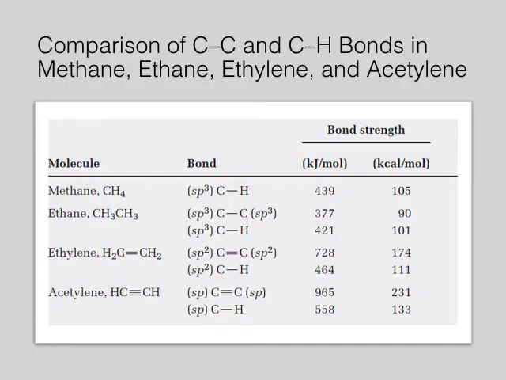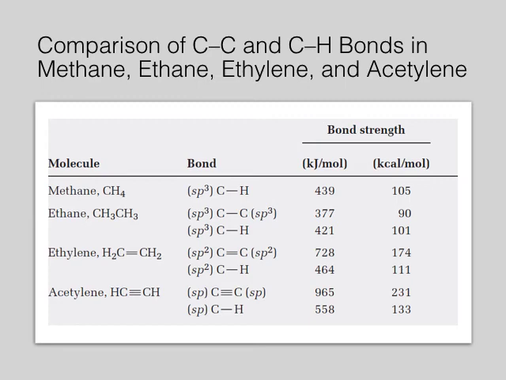Now let's compare the C-C bonds and the CH bonds in methane, ethane, ethylene, and acetylene. This table shows us the comparison of bond strengths for methane, ethane, ethylene, and acetylene. We can see here that the bond strength for the triple bond in acetylene is 231 kilocalories per mole.